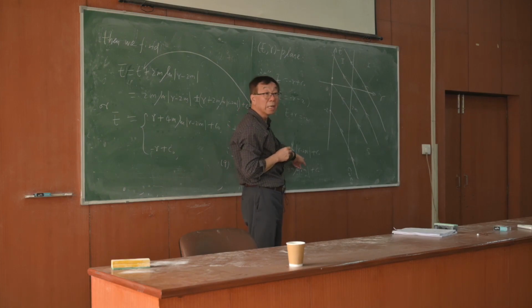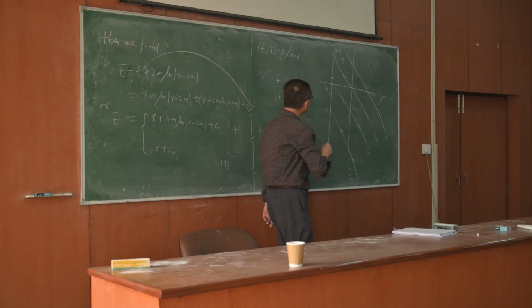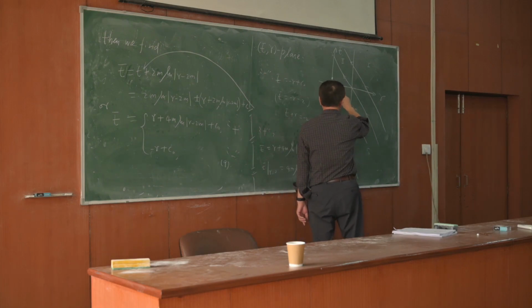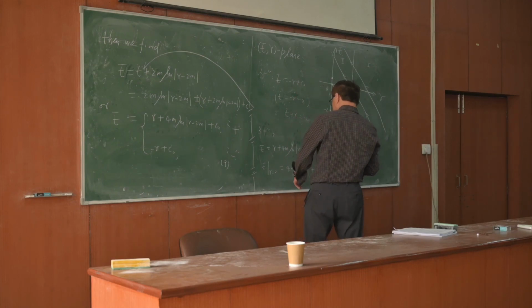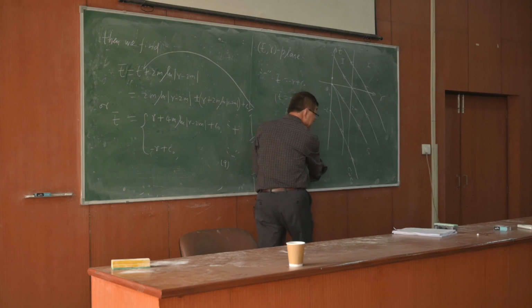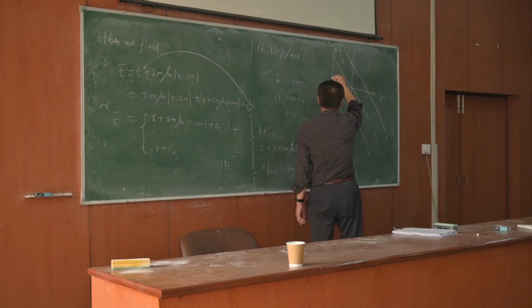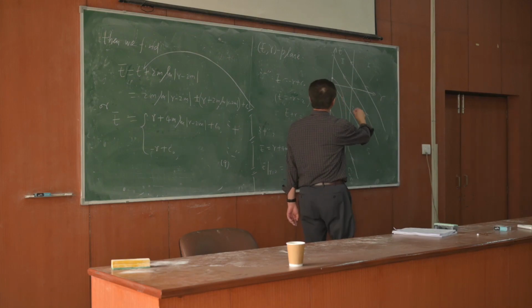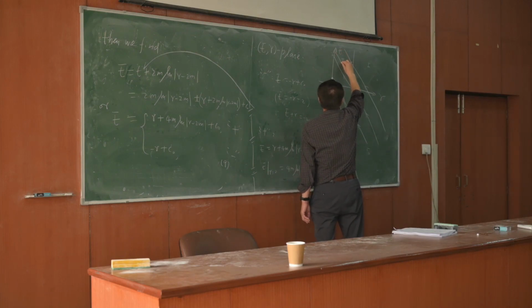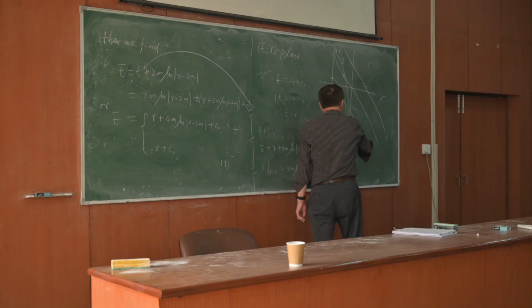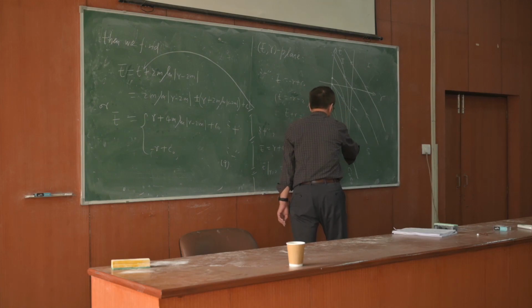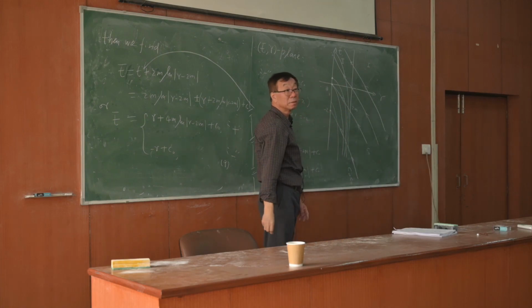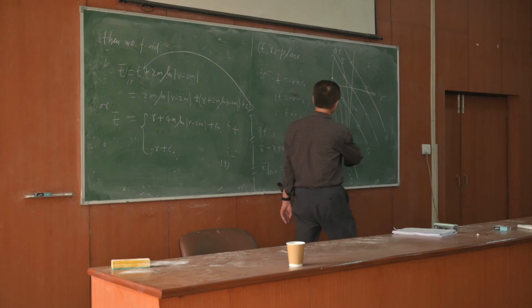This goes to negative infinity, right? So I should get something like this. And if, like I said, these two terms are positive, I should get something like this. Or if negative, I get something else. Correct? So this, you can see.